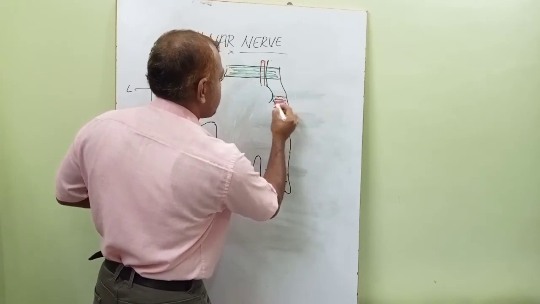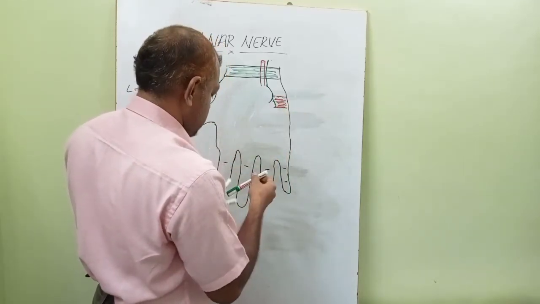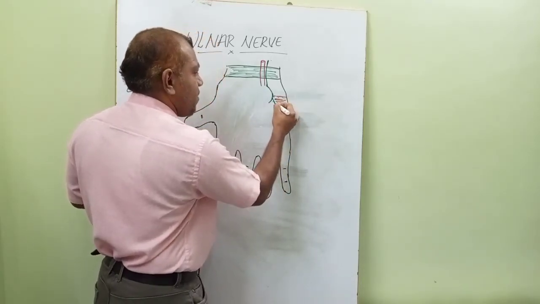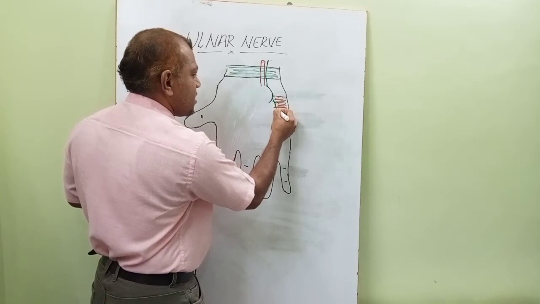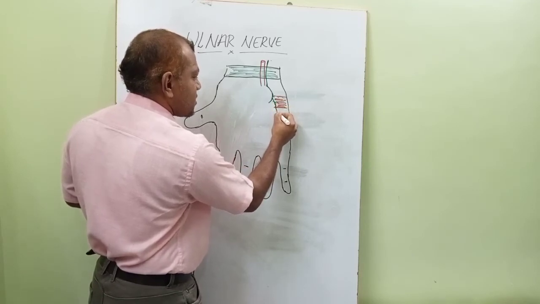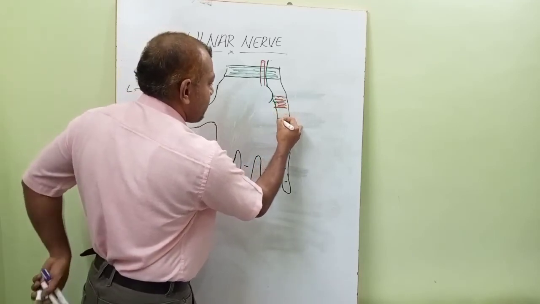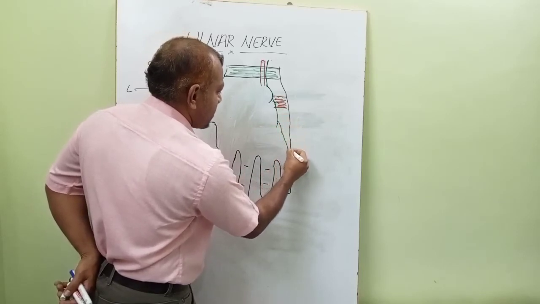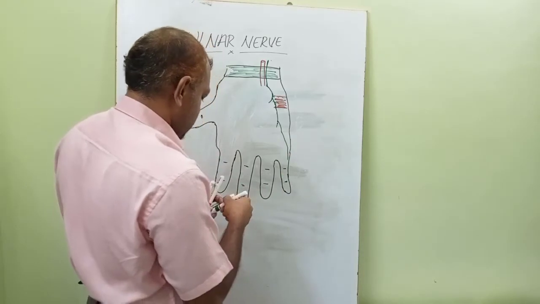Assume this is your palmaris brevis muscle, and this is your superficial branch that supplies the palmaris brevis, and then it runs towards the little finger and gives a branch called the proper palmar digital nerve.